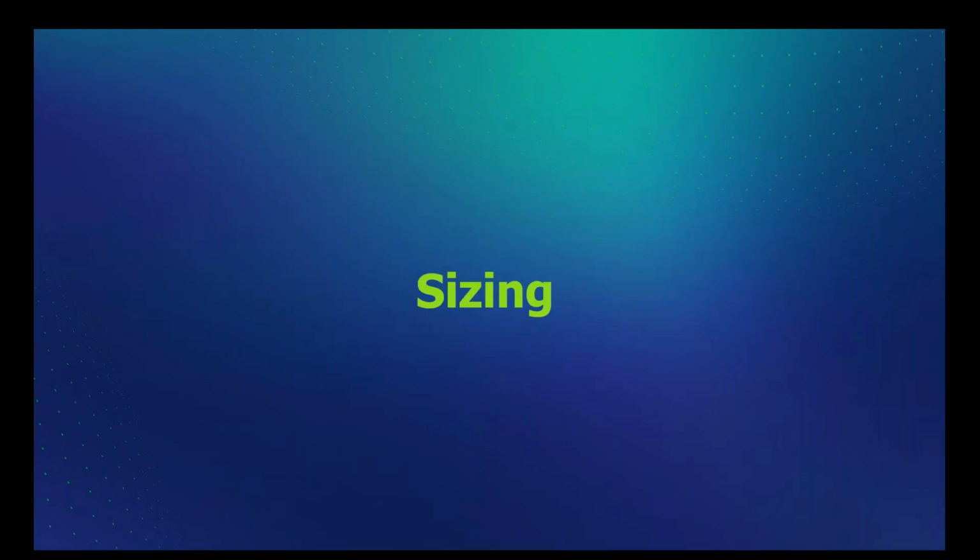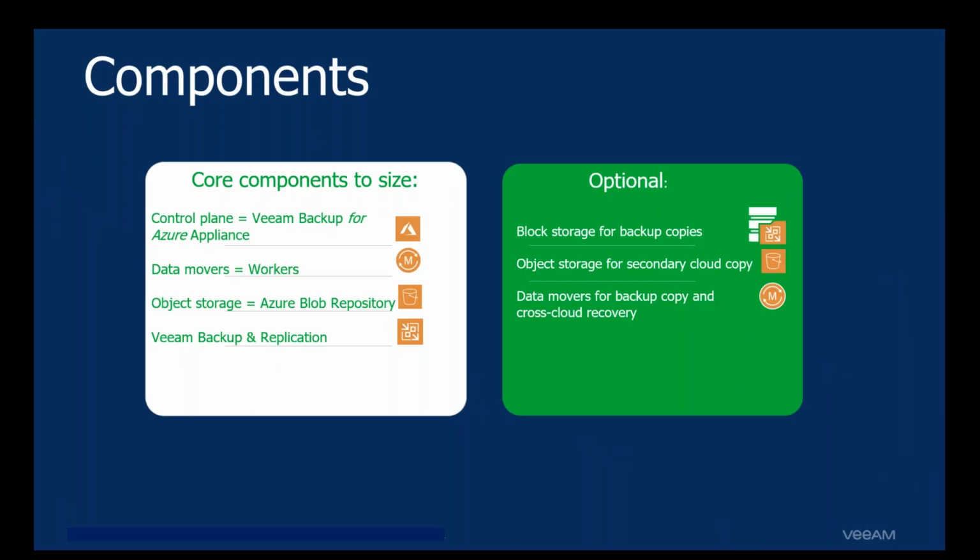So onto the sizing. I'm just going to mention the core components to size. So we're looking at the Veeam Backup for Azure appliance or the virtual appliance, the data movers or the so-to-speak workers, object storage, so Azure Blob repository in this case, and the VBR server.